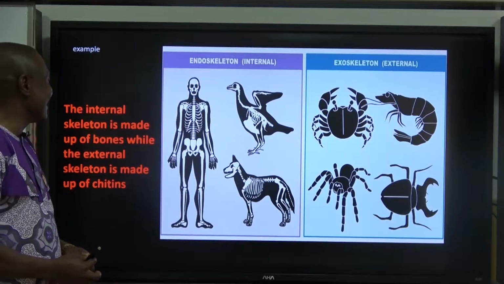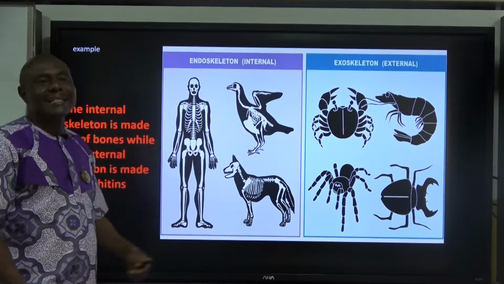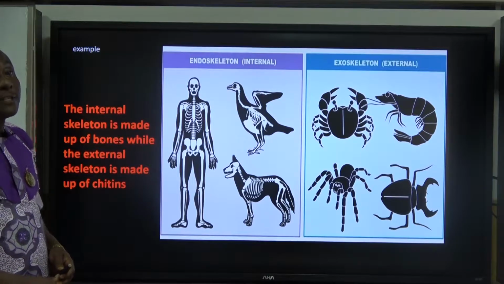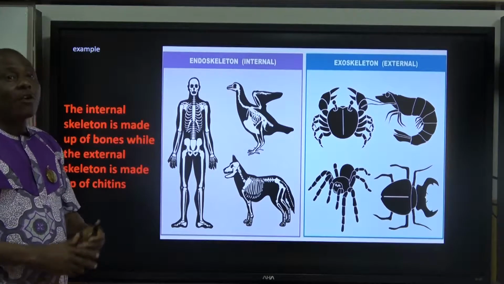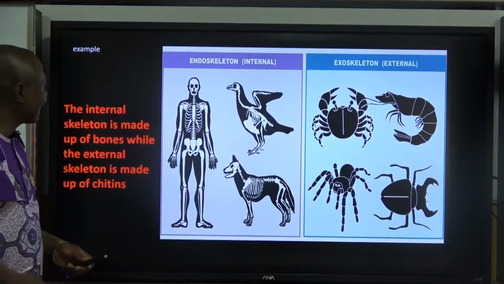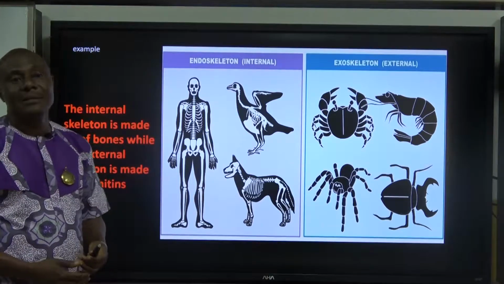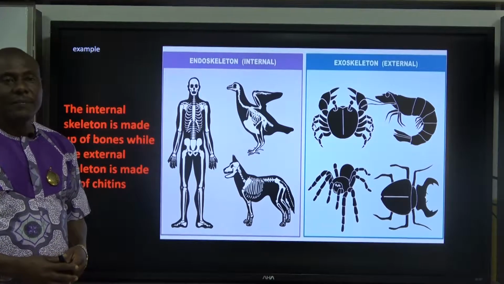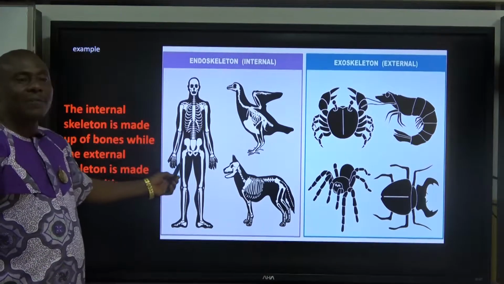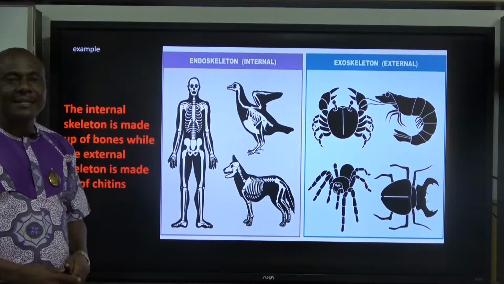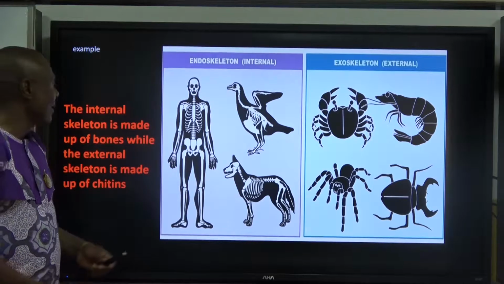That is the external skeleton. But the internal skeleton is found mainly in vertebrate organisms, higher animals. Examples are dogs, birds, man, snakes, and other organisms. Those have the internal skeleton, and that is the endoskeleton.